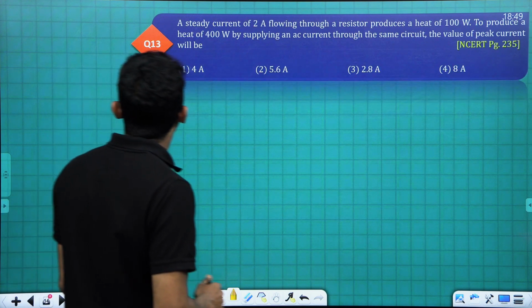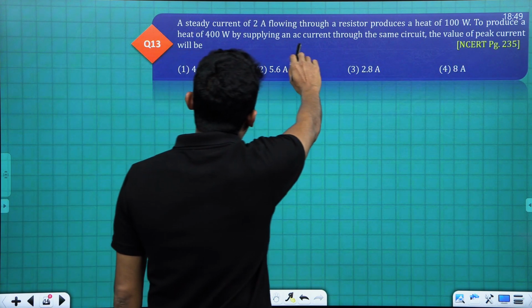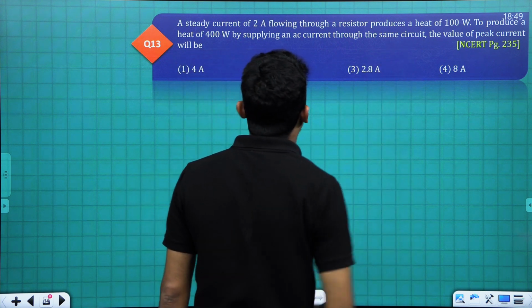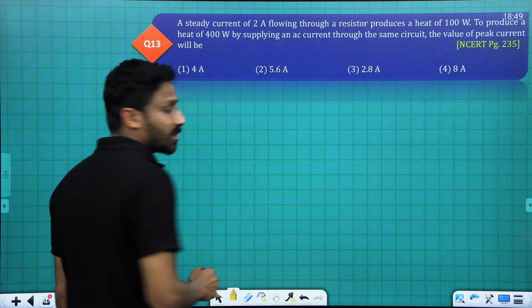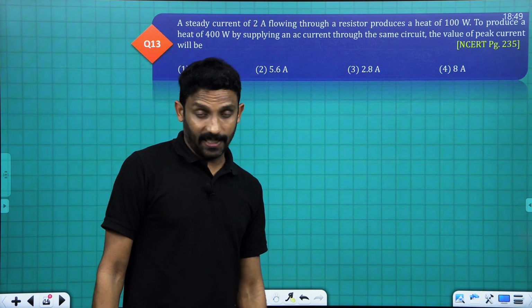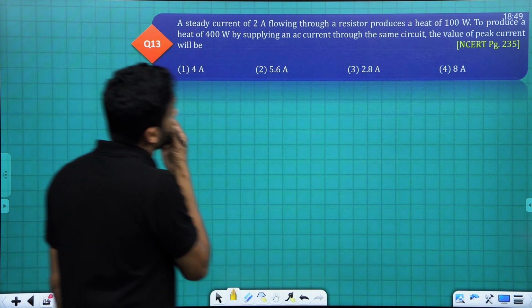13th. A steady current of 2 ampere flowing through a resistor produces a heat of 100 watt. Steady current means not alternating, it's a direct current.